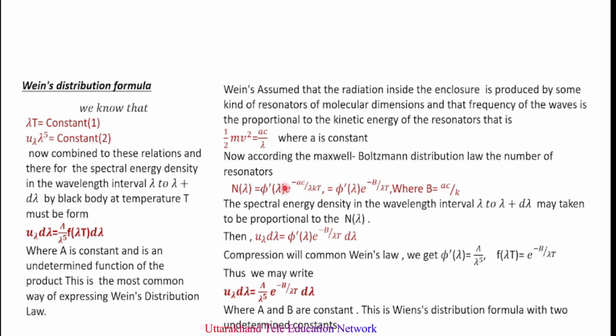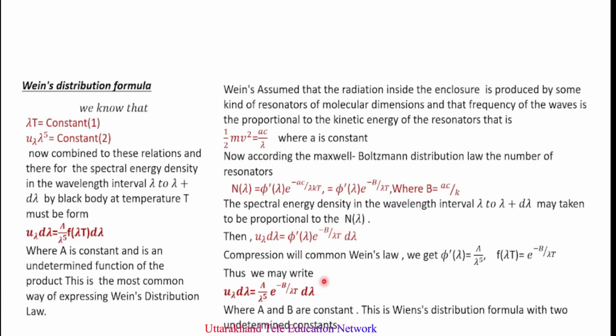Now we take another constant, AC upon K. These are all constants, so that becomes the new constant B, and we can write this as phi dash lambda e to the power minus B upon lambda T. But the total number of resonators is also directly proportional to the energy density, the total amount of energy in one cubic centimeter volume. So the spectral energy density in the wavelength interval lambda to lambda plus d lambda is proportional to n lambda.